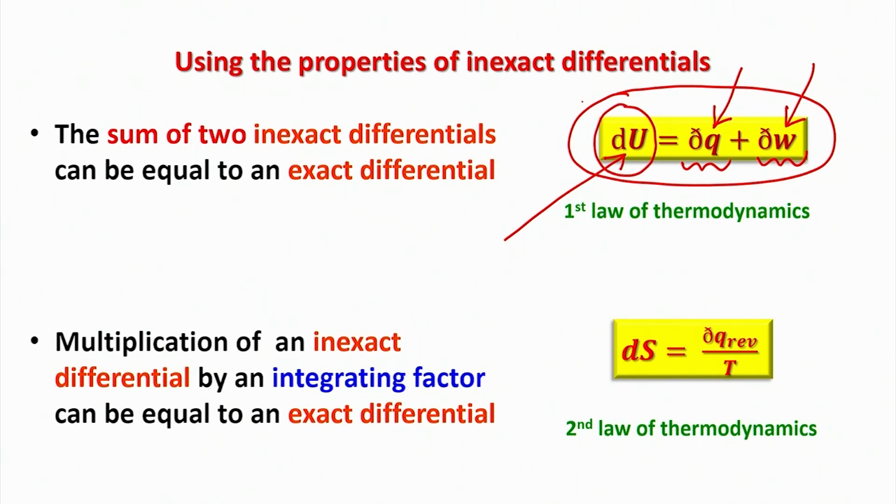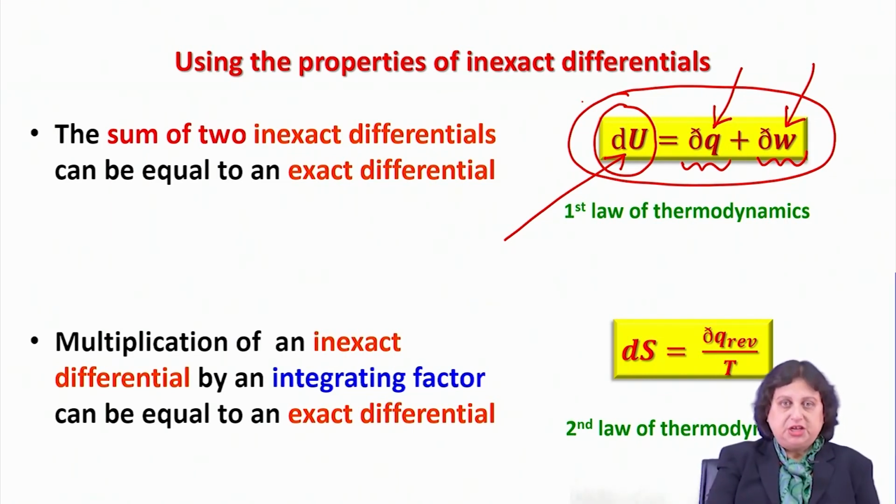So, while this is physically intuitive, that yes, you can change the internal energy of a system by heating up the system, by placing it in a thermal contact with a thermal reservoir, or you can push the piston down and do some work on the system, or you allow the gas to push the piston up and do some work on the surrounding.